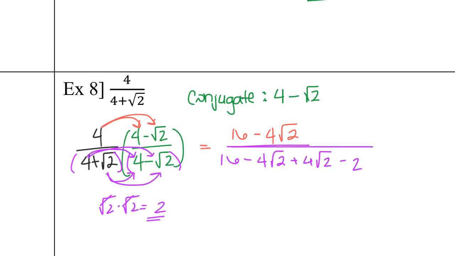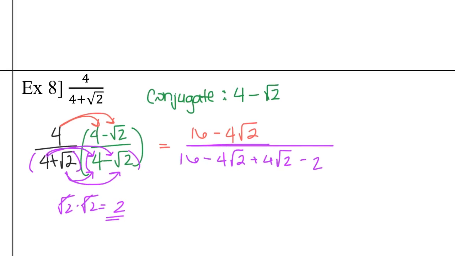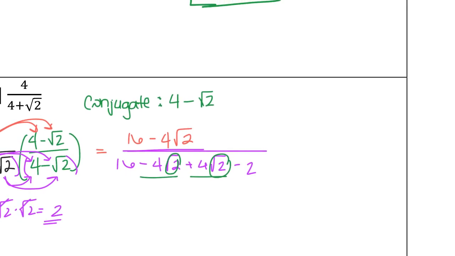So let's try to clean this up a little bit. Let's try to combine like terms. So on the numerator, there are no like terms to combine. But in the denominator, I see I have a -4 square root of 2, and I have a +4 square root of 2. So because they both have square roots of 2, these are like terms. So -4 plus 4 is equal to 0.